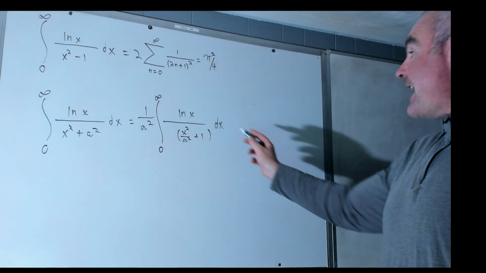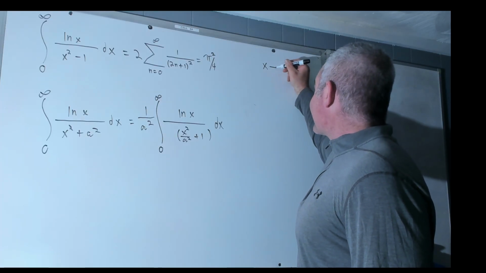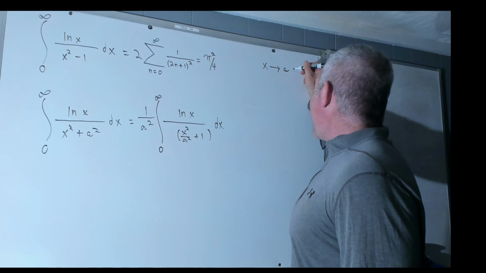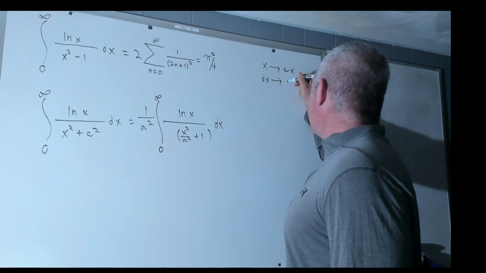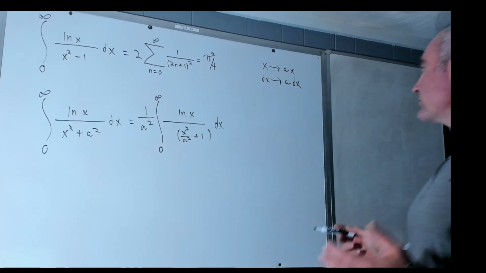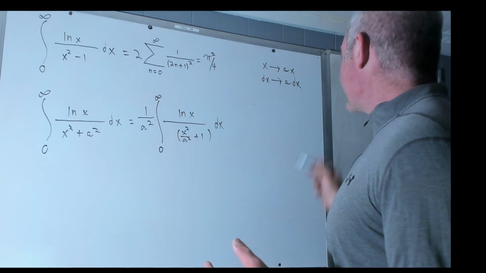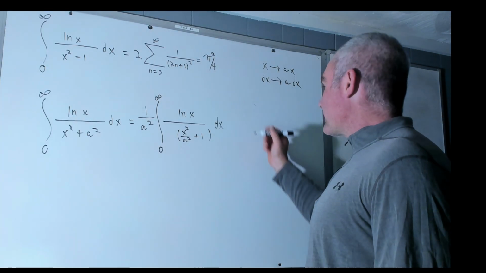The next thing to do is bring x to ax, which means we bring dx to a dx. I'm not actually doing a u substitution. I'm just bringing x to ax, therefore dx goes to a dx. I hope you're okay with that.